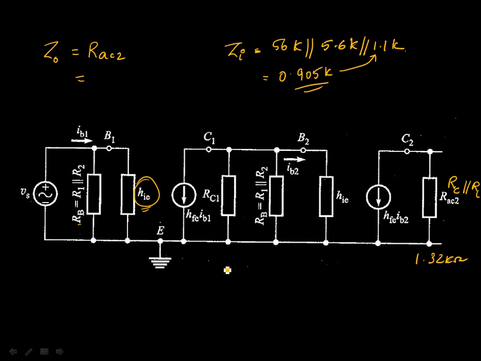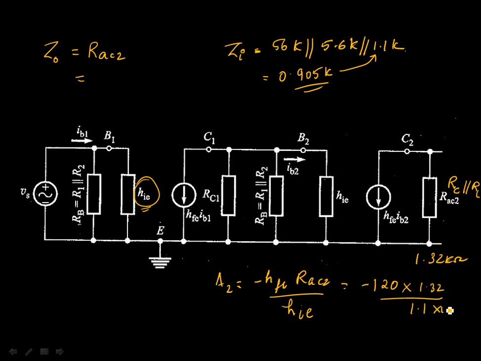Now for computing the voltage gain, what do you need? First you have to find out A2. What is A2? It is minus HFE RAC2 divided by HIE. HFE or beta is given as 120. So you have 120 into RAC2, which is a parallel combination of 3.3 and 2.2, that is 1.32, divided by HIE, 1.1 into 10 raised to 3.